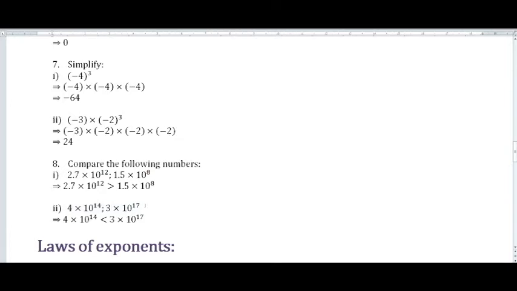So here 10 to the power 17 is always larger in value. So that means even though 3 is smaller than 4, the actual value of that standard number, 3 into 10 to the power 17, is actually larger than 4 into 10 to the power 14.